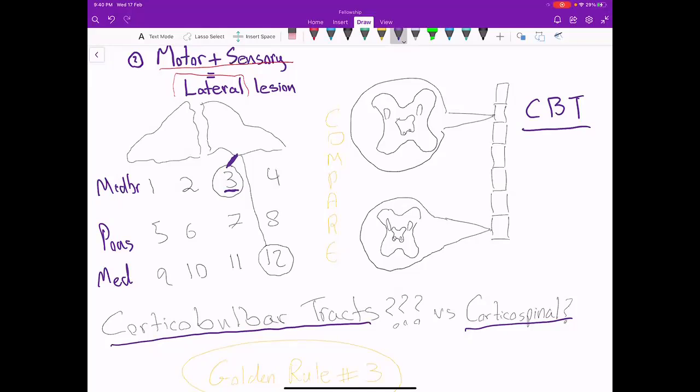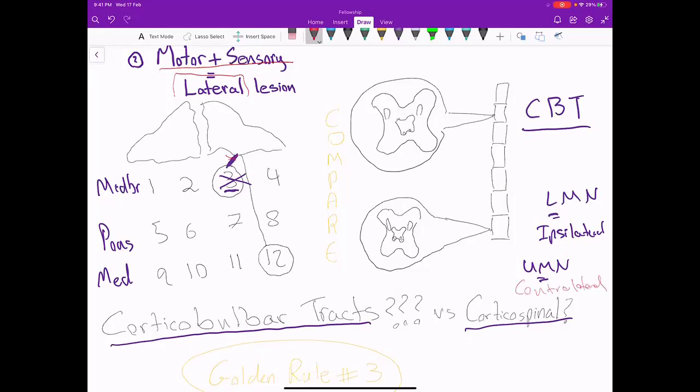As a rule of thumb, in the cranial nerves, if it's lower motor neuron, meaning something is damaged at the site of the cranial nerve itself, then it's going to be ipsilateral. If it is an upper motor neuron lesion of the corticobulbar tract, meaning the lesion is here above the midbrain, then it'll be damaged contralateral.